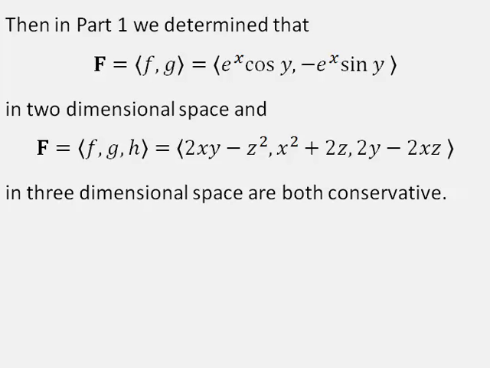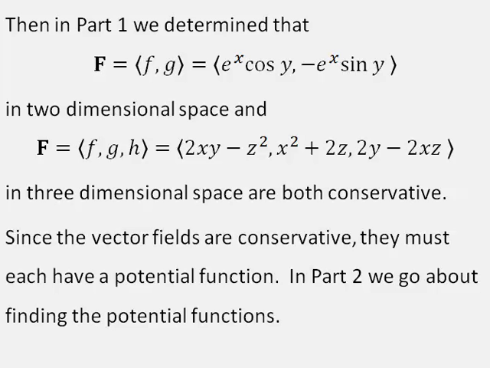Then in Part 1, we determined that each of these vector fields are both conservative. Since they are conservative, they must each have a potential function. In Part 2, we learn how to find the potential functions.